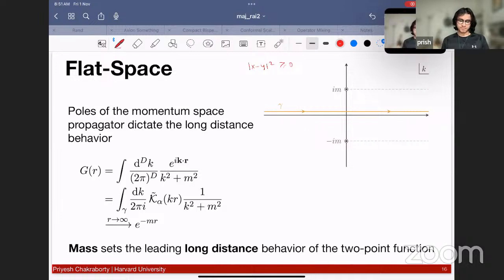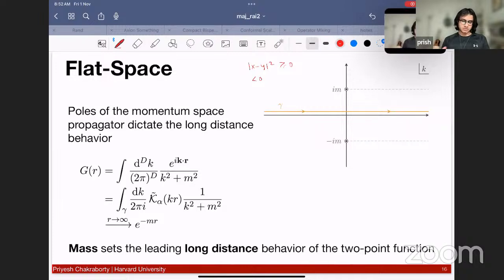But in Lorentzian signature, this can also take on negative values, which corresponds to timelike separated points. So something very similar is happening in de Sitter.